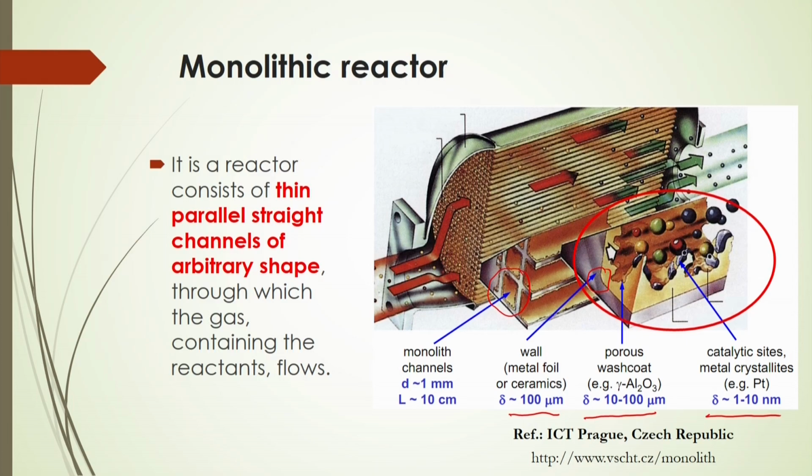So we have the channel based support, with the wall, then the porous wash coat over which catalyst particles are placed, making a layer of catalytic sites. The gas containing the reactants flows through, and the reactions occur in the presence of this catalyst layer. In this way monolithic reactors can be developed.